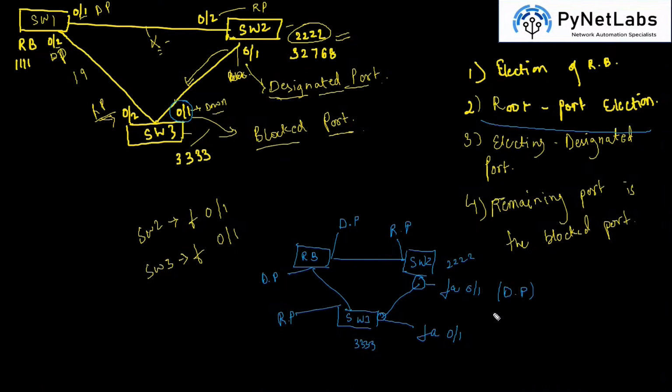So don't worry, we will understand this with another example of 4 switches. So tell me, is it clear till now how we elect the designated port? Yes or no? Yes, great, awesome.